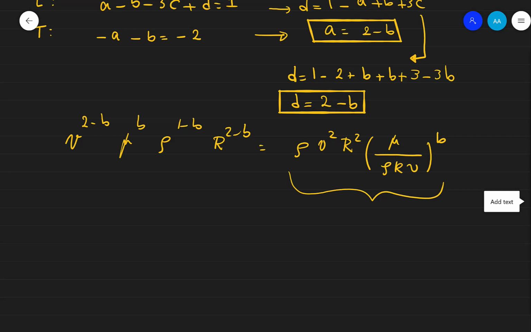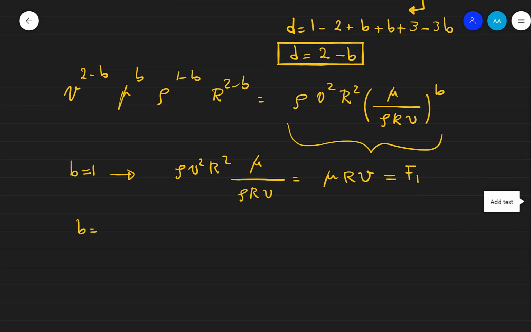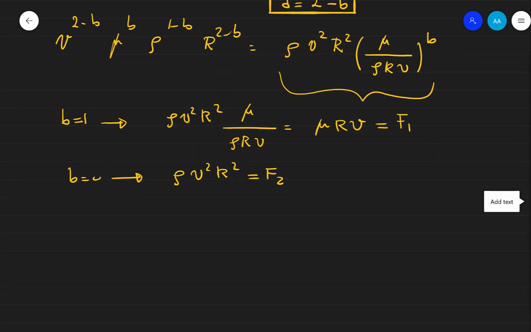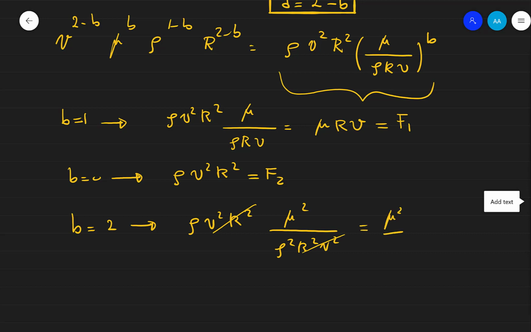For example, if we set B equal to 1, we obtain, let's call it F1. If we take B equal to 0, we obtain, let's call it F2. For the other values of B, we obtain other quantities which have the dimension of force. For example, let's take B equal to 2. We can call it F3, and so on and so forth.